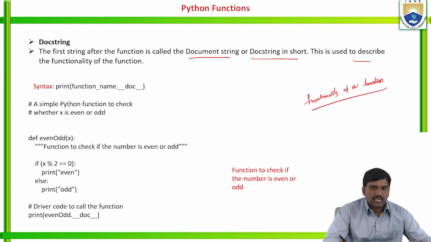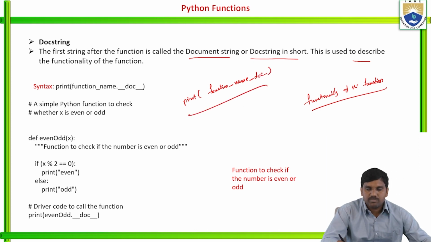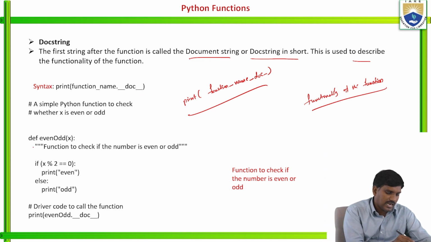So here the syntax for docstring is print(function_name.__doc__). So this is the main syntax of docstring or document string.